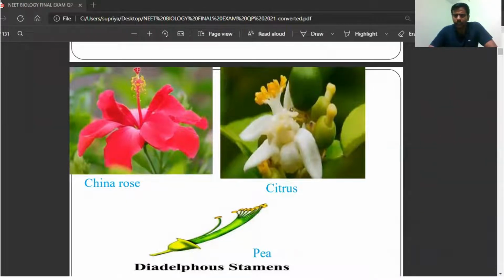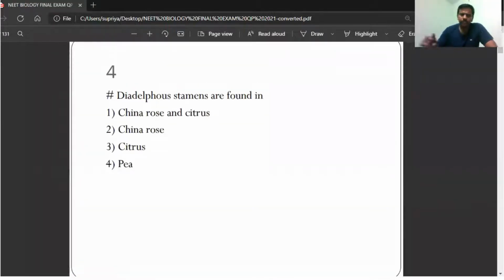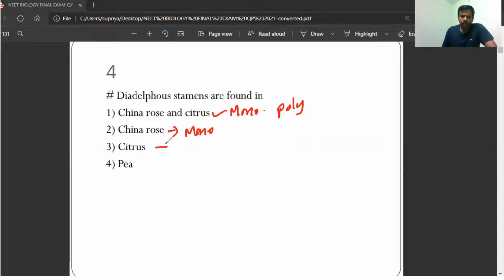Now see, student, we'll go to the options. As we have discussed, China rose is monodelphous and citrus is polydelphous. And then pea plant, 9 plus 1.